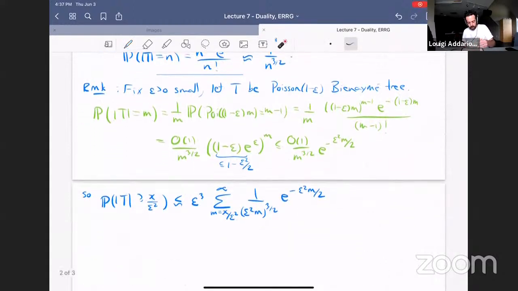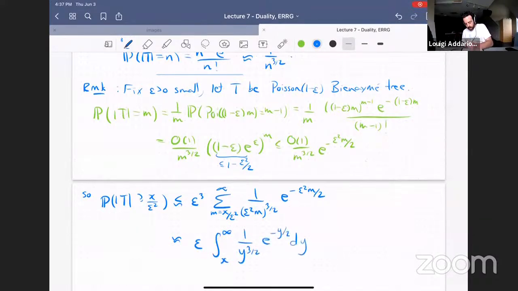Okay, so I'm just summing this bound over m at least x on epsilon squared, and I've introduced this multiplied by 1 in this way so that this looks like an integral starting at x. Okay, so this is roughly like epsilon times the integral from x to infinity of 1 on y to the 3/2 e to the minus y on 2 dy, which is about epsilon on x to the half e to the minus x on 2.